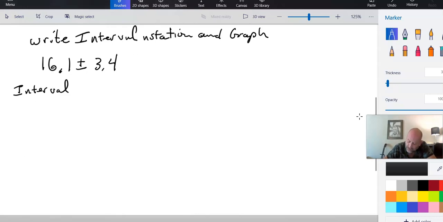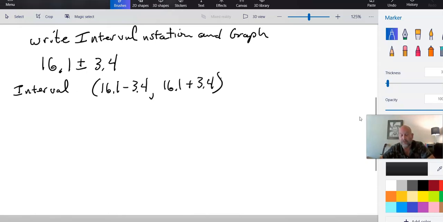Right, so the lower end of the interval, and we can actually just write this out, is the one that uses subtraction, because if you subtract, you go down to the lower end. So this lower end is 16.1 minus 3.4. The upper end is 16.1 plus 3.4. So we just need to simplify these expressions now.